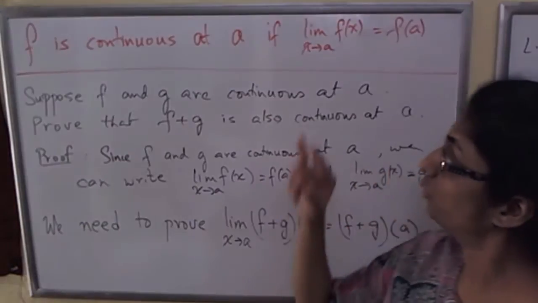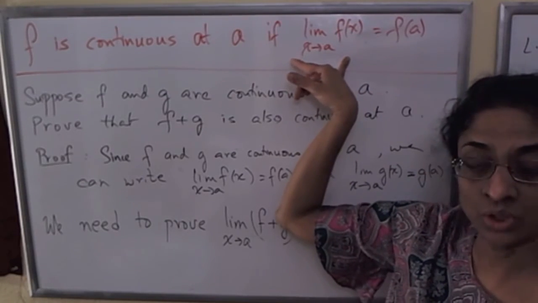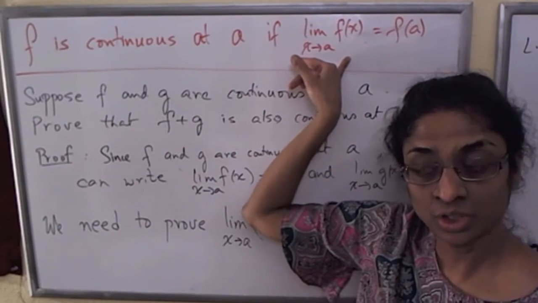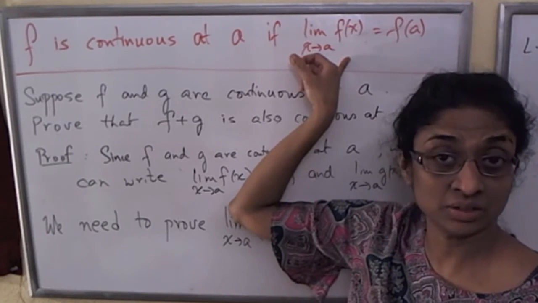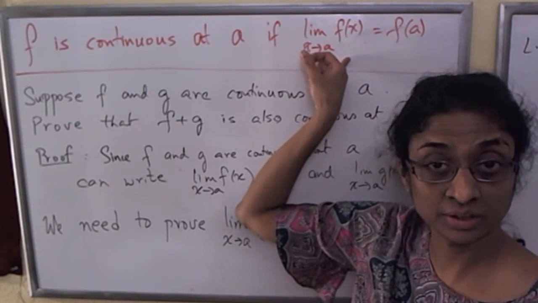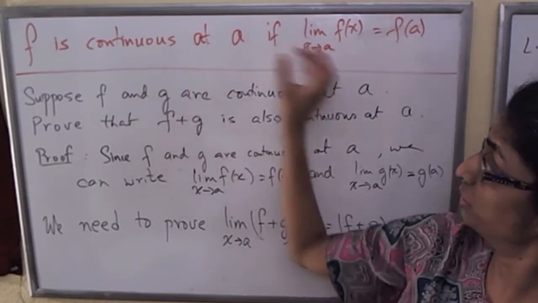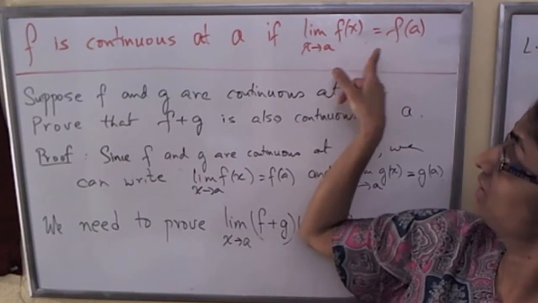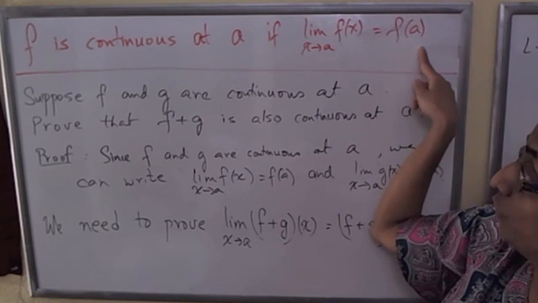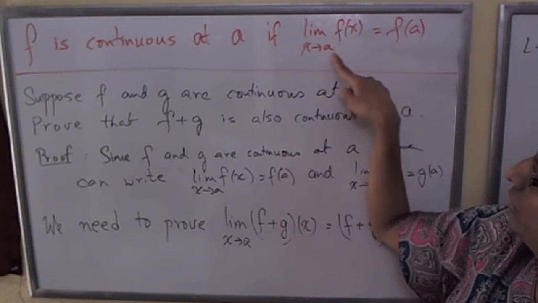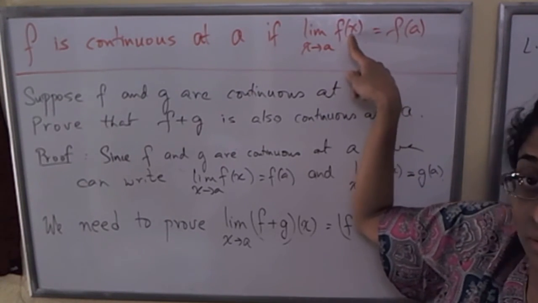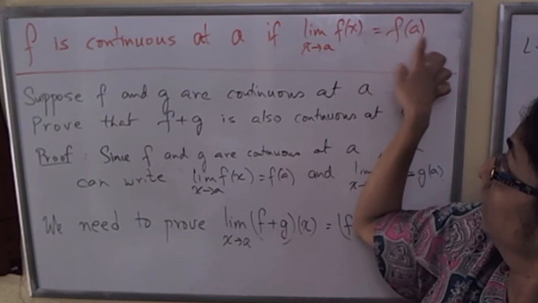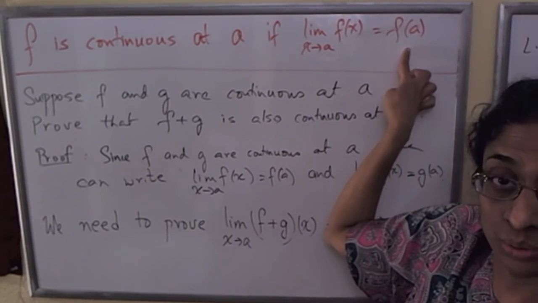If I asked you to find a two-sided limit of a continuous function, you no longer need to create a table of values and all of that. Notice this theorem tells you if you're dealing with continuous functions, the two-sided limit is in fact equal to f of a. So it's as though you're just plugging in a for x, and f of a is very easy to compute.